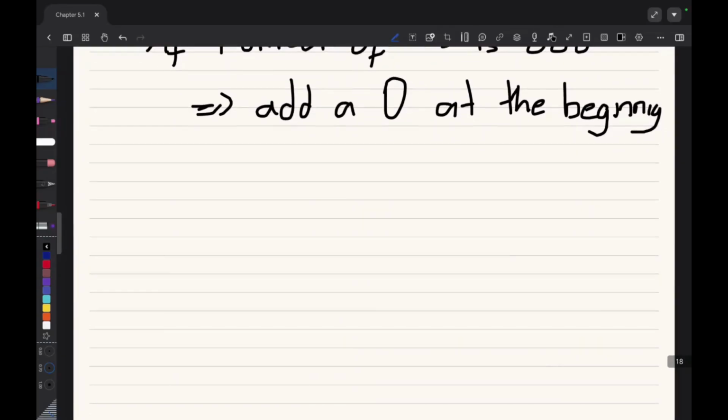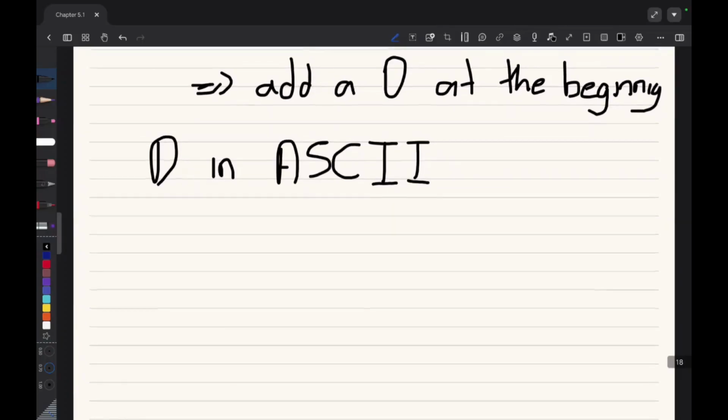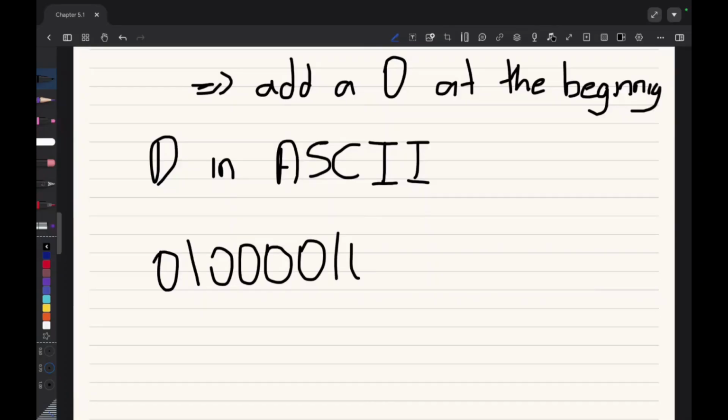All right, now let's say, for example, we have a D. How is D represented in the ASCII table? In the ASCII table, this is how the letter D is represented. It's 0, 1, 0, 0, 0, 1, 0, 0.